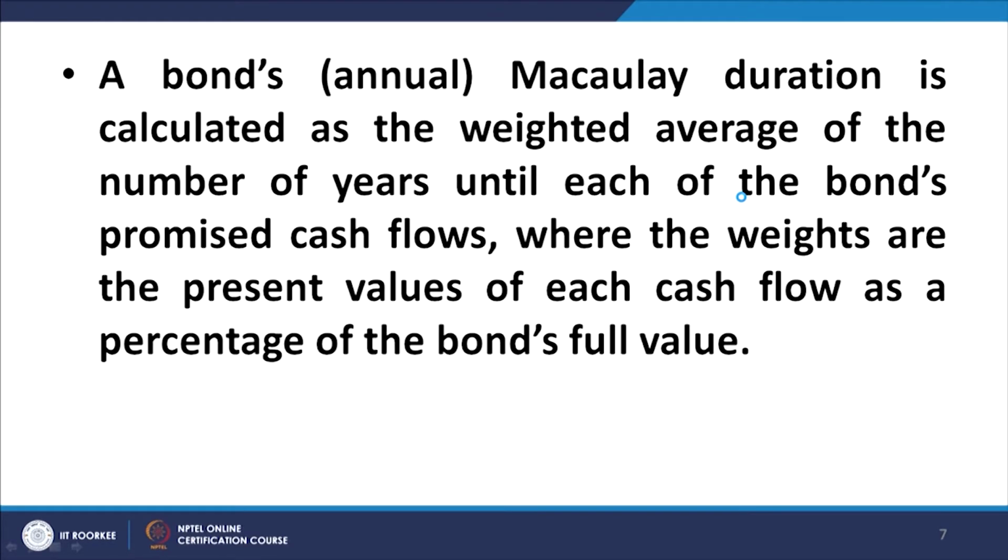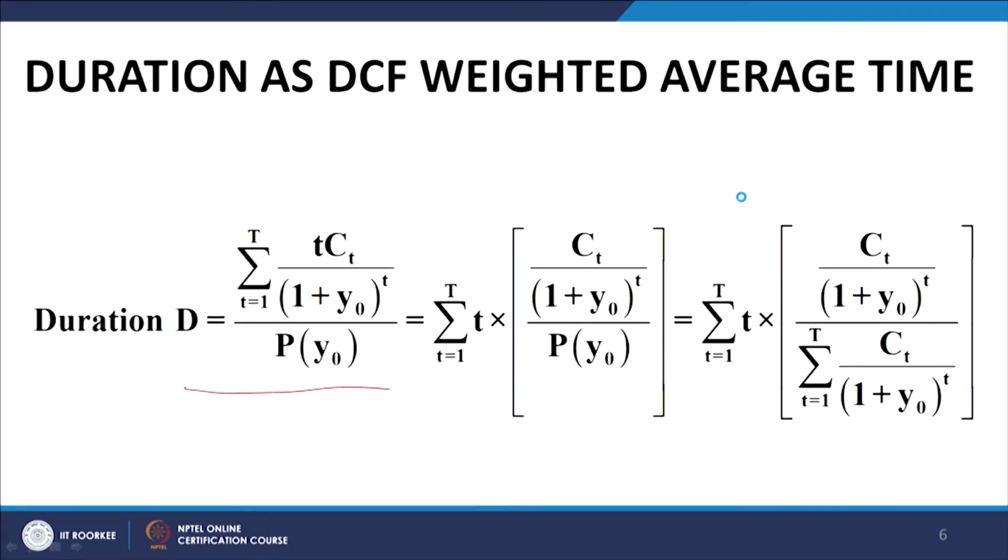So, let us go back and look at this formula. This is time to next cash flows, t equal to 1, t equal to 2, t equal to 3 and so on. This is the discounted value of the cash flow corresponding to the time t, and this discounted value is being divided by the summation of all discounted values, which is nothing but the full price.